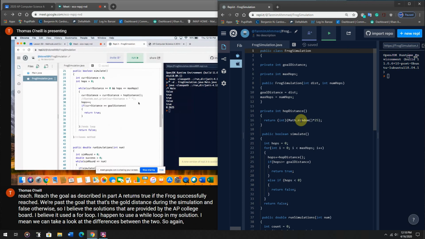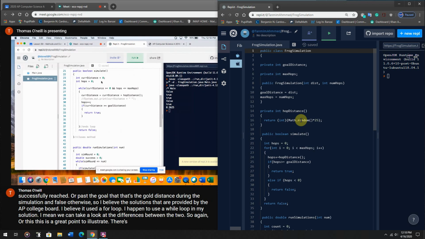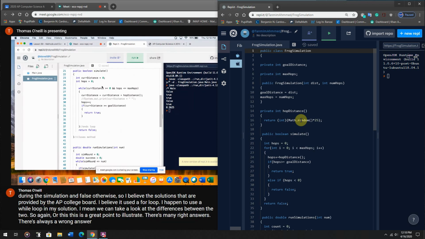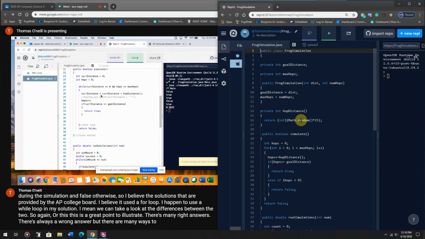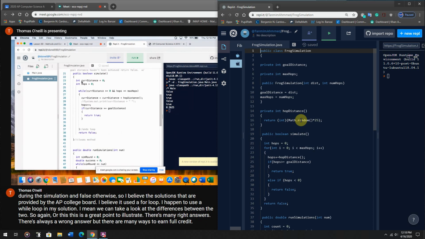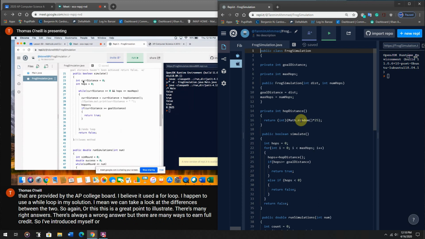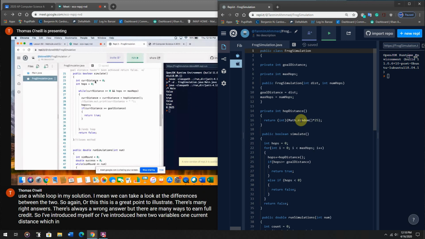So again, this is a great point to illustrate. There's many right answers. There's always a wrong answer, but there are many ways to earn full credit. So I've introduced here two variables. One, currentDistance, which in the solution provided by the AP College Board, they call it position.